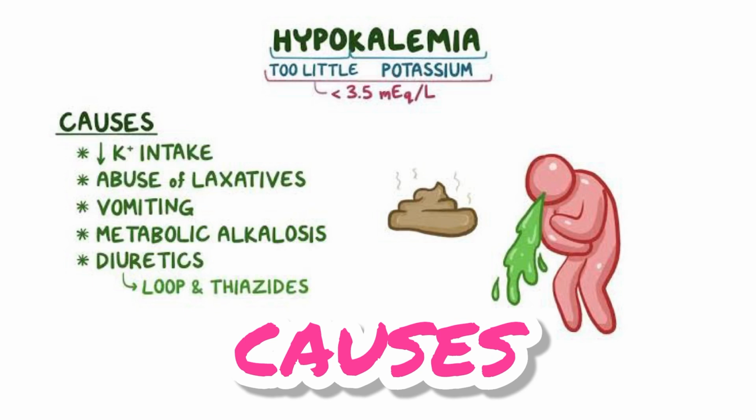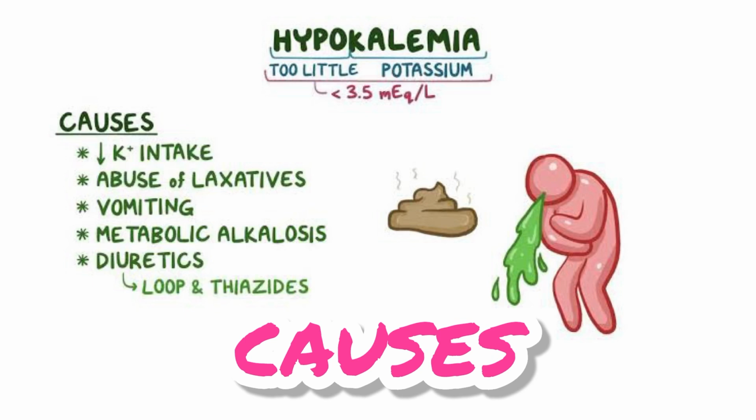The second main cause is the abuse of laxatives. If you are taking a lot of laxatives, that will cause diarrhea, and in that situation there will be extra loss of potassium and you will get hypokalemia. The third one is vomiting. If, due to some condition, you are vomiting more than normal, that can also decrease the potassium level in your body.